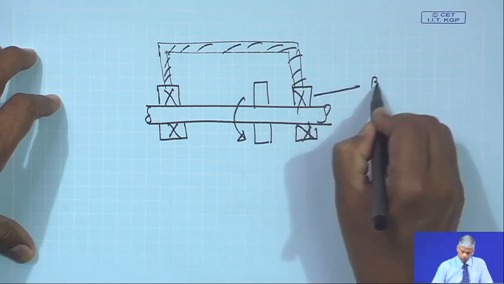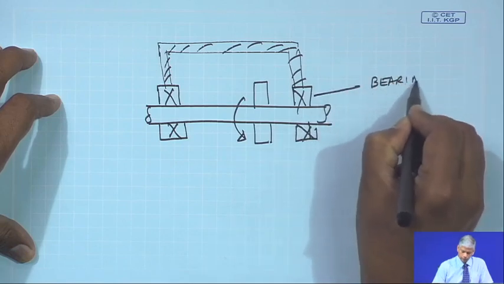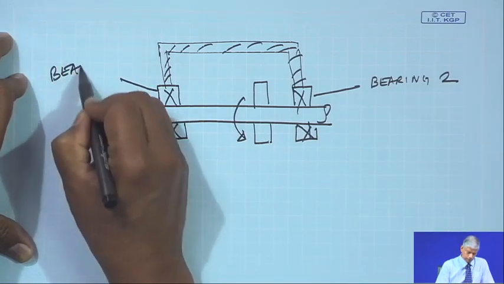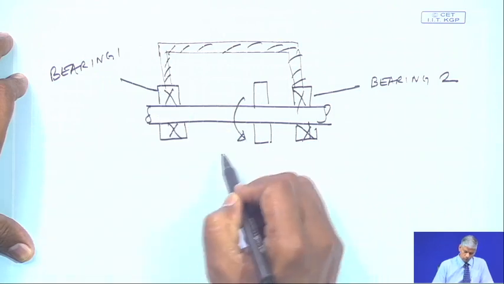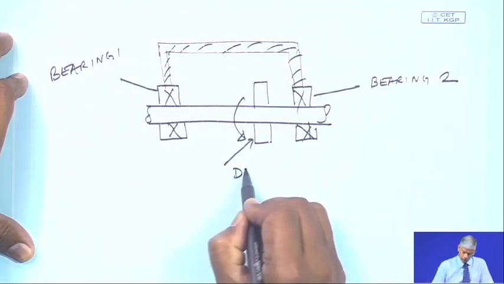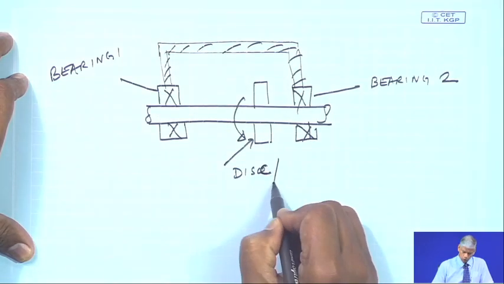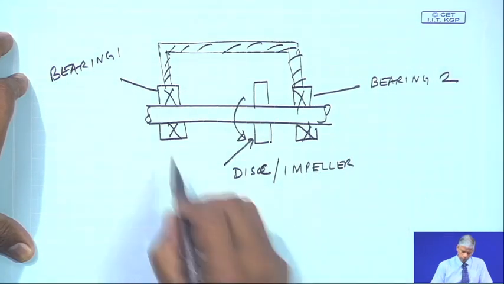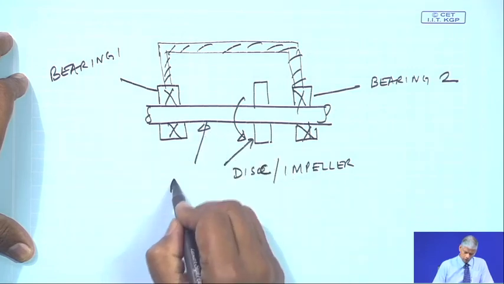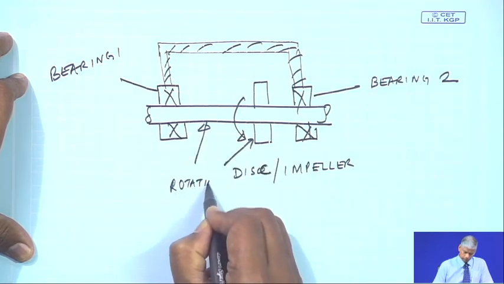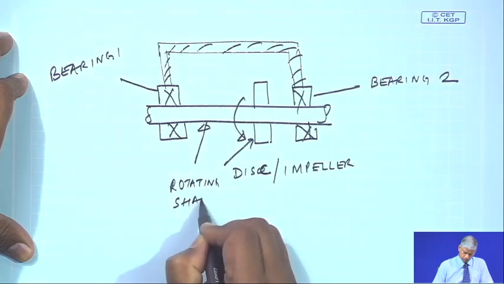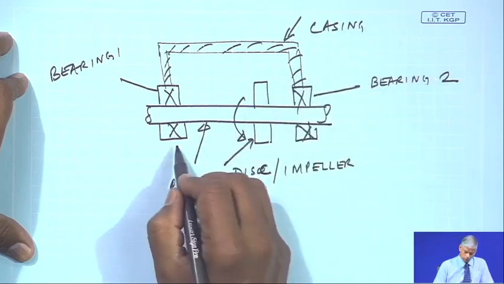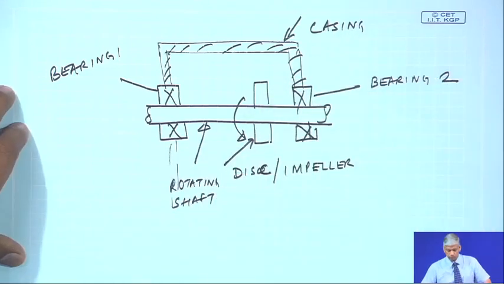So, these are my bearings, bearing 2, bearing 1. This is my disc, which could be an impeller, and this is the rotating shaft, and this is the machine casing. There is another bearing on this side which I am not drawing.